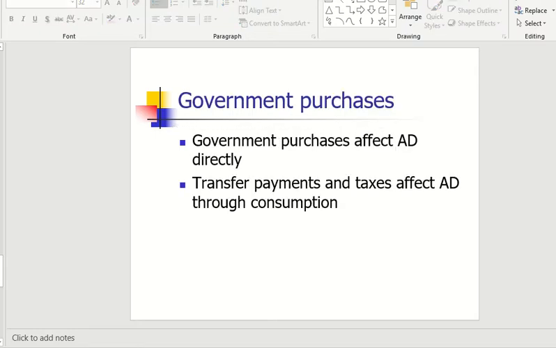So let's turn to another component of aggregate demand, government spending or government purchases. For government purchases, we are not really going to go into the detail of the determinants of government purchases. We're not really going to dig into the factors that will affect government spending. Because as many of you are aware, government spending is not really driven by economic decisions or economic interests.